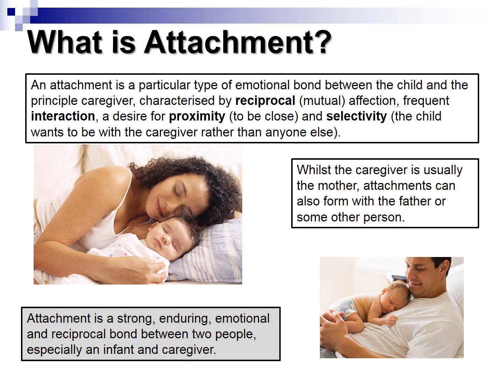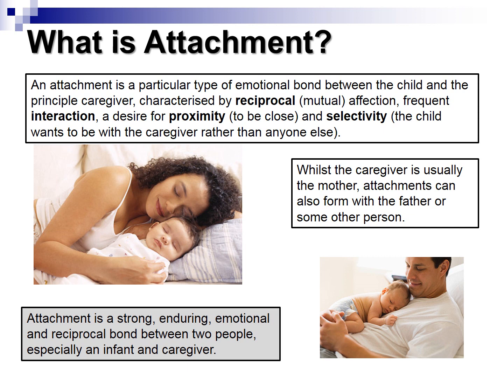So there's a few key terms in here as well. It's characterised by that reciprocal mutual affection, so that the infant and the mother both feel this attachment. It isn't one way, and there's frequent interaction. So often the mother and the infant will seek this interaction, they want to interact with each other, and there is a desire to be close to each other, this desire for proximity, and it's selective as well.